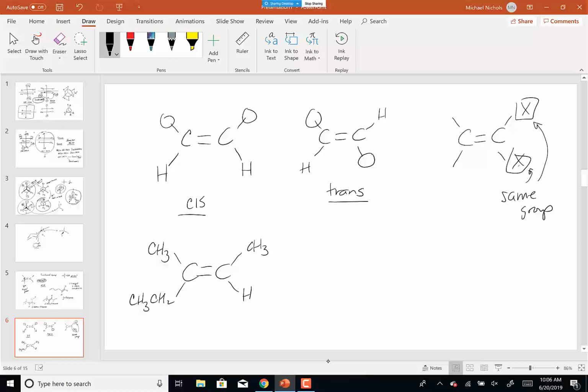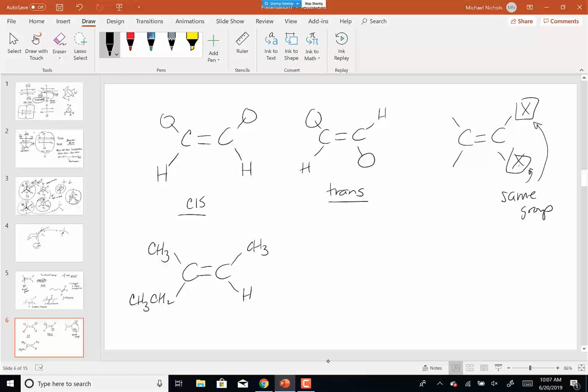What if I've got three non-hydrogen groups attached to the double bond? And it's not too early for me to point out that the double bond has a maximum of 4 things. So if 3 of those are non-hydrogen groups, what do I do? We have to use another numbering scheme.